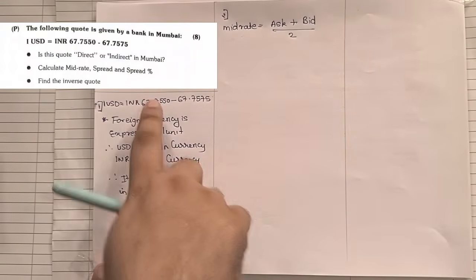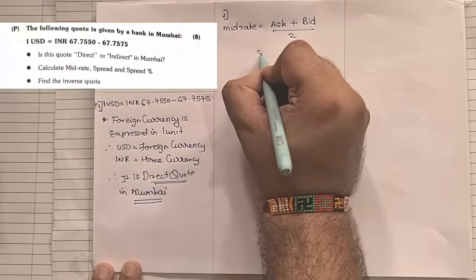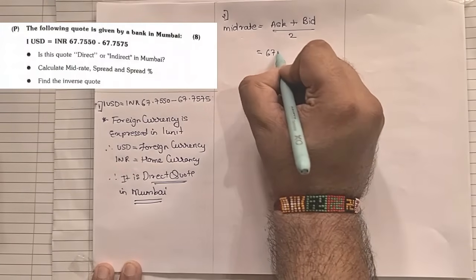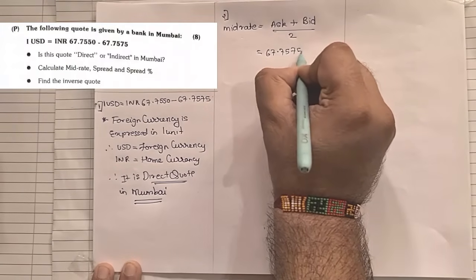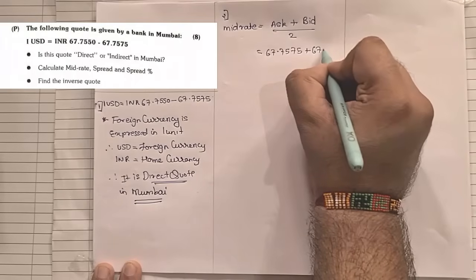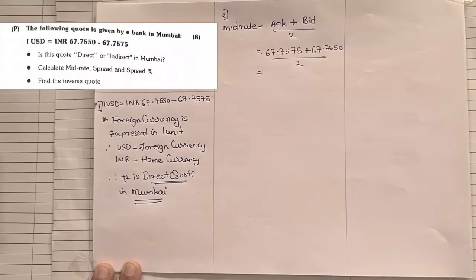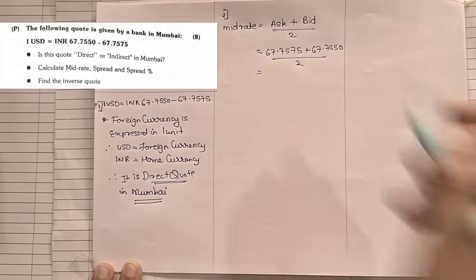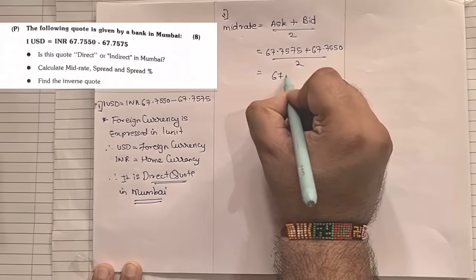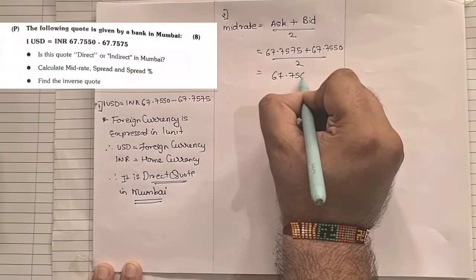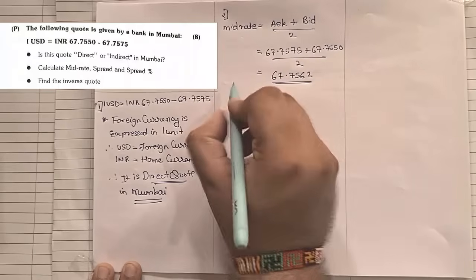Here we have the bid and the ask. So ask rate was 67.7575 plus bid rate 67.7550 divided by 2, which is 67.7562. That's my mid rate.